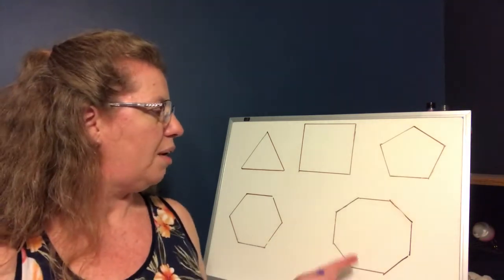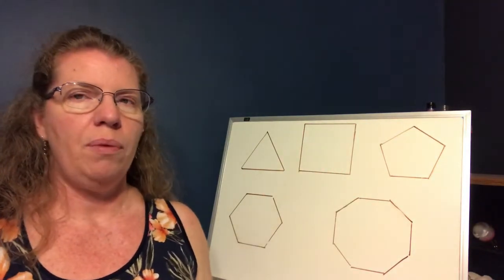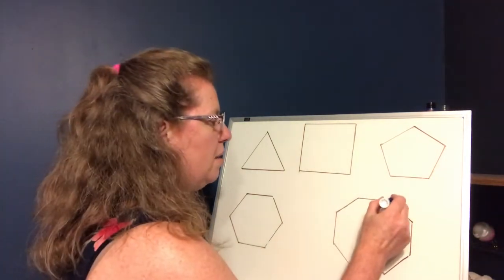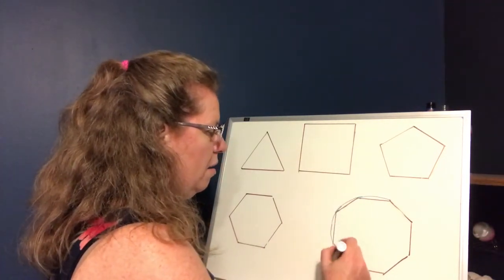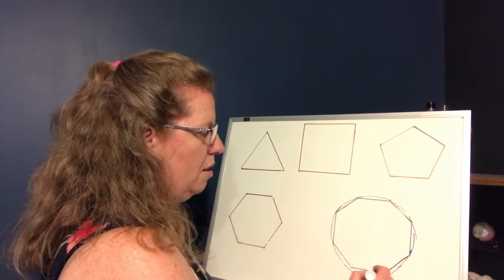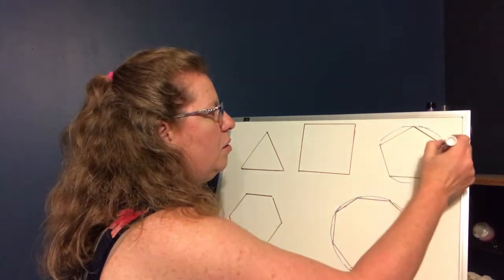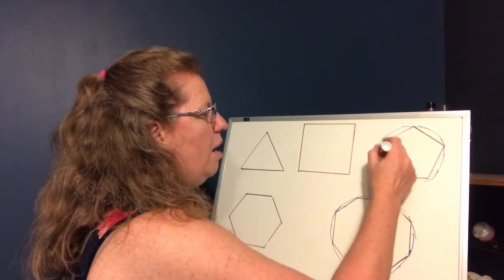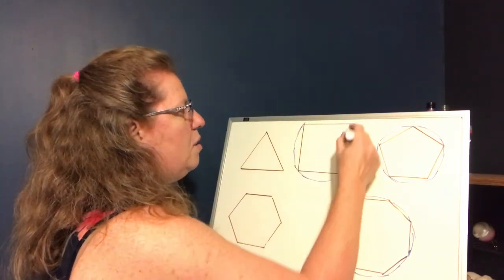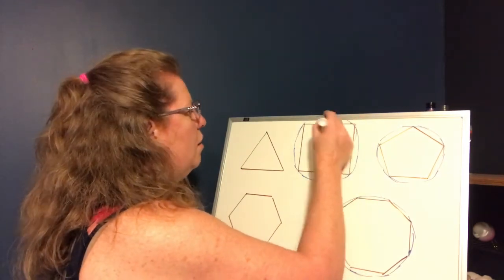The first thing about every regular polygon is that they can all be inscribed in a circle. Now I'm going to try to draw these as best I can. It's more of a sketch, but they all can be inscribed in a circle. This one's going to be hard to draw because I'm too close to the top, so pretend it goes up here.